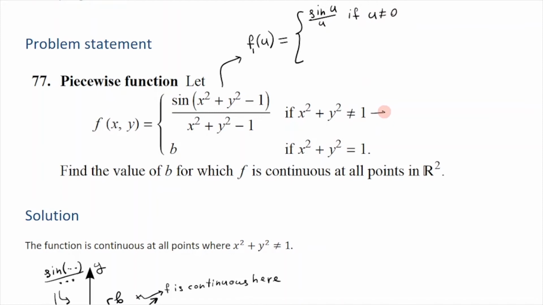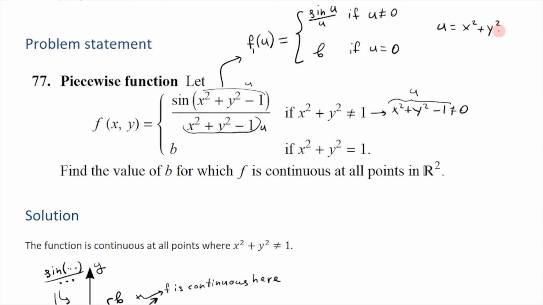You see, I'm using the equivalence of this statement to the statement x squared plus y squared minus 1 not equal to 0, where this guy is u. This is u, and this is the same quantity, right? So it's also u. And it's equal to b if u is equal to 0. And this u is equal to x squared plus y squared minus 1.